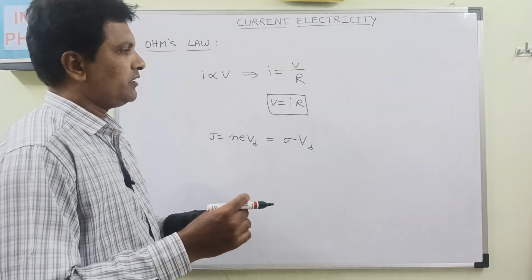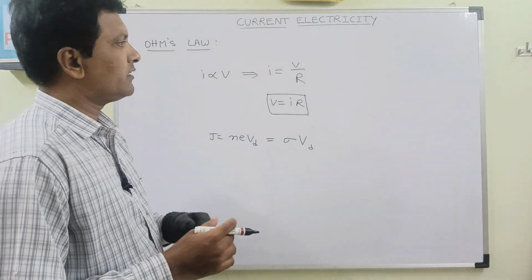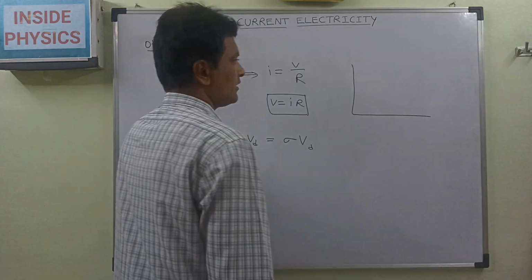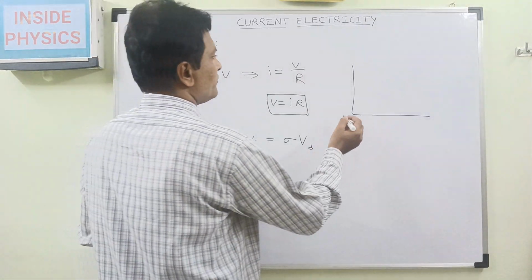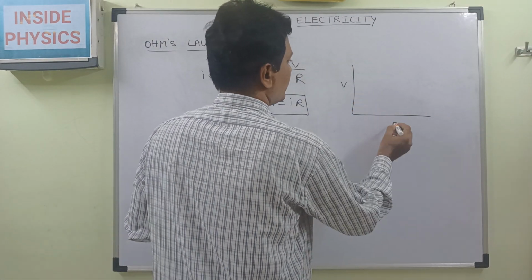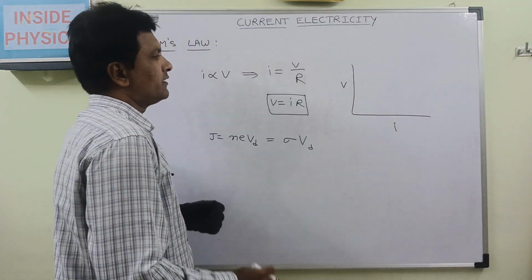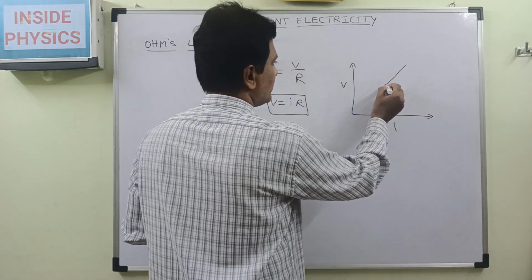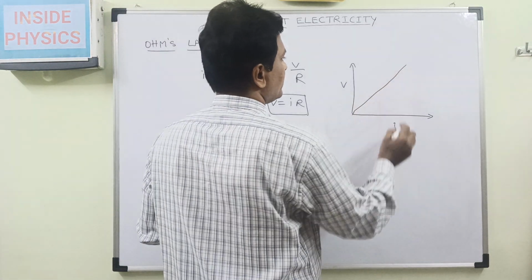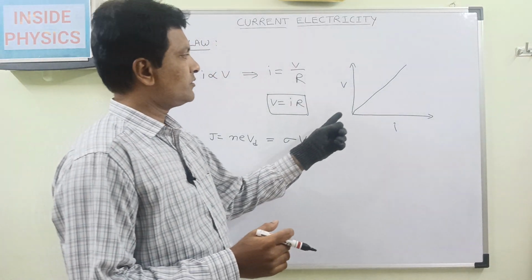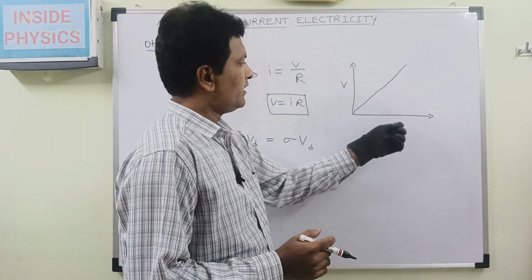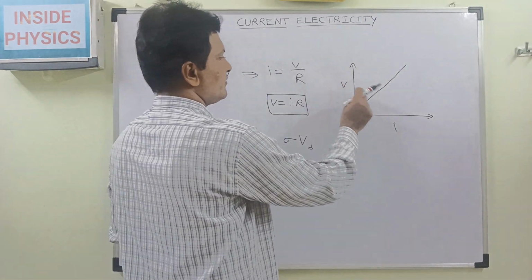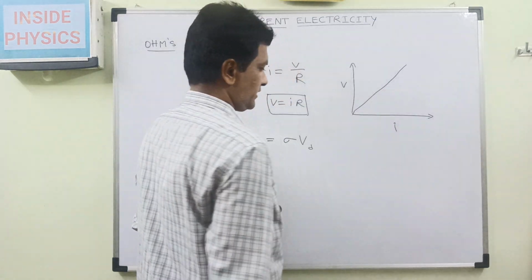So the potential difference and current graph in Ohm's law can be represented with this graph in this way. Okay, a straight line passing between I and V, with potential difference on the y-axis and electric current on the x-axis.